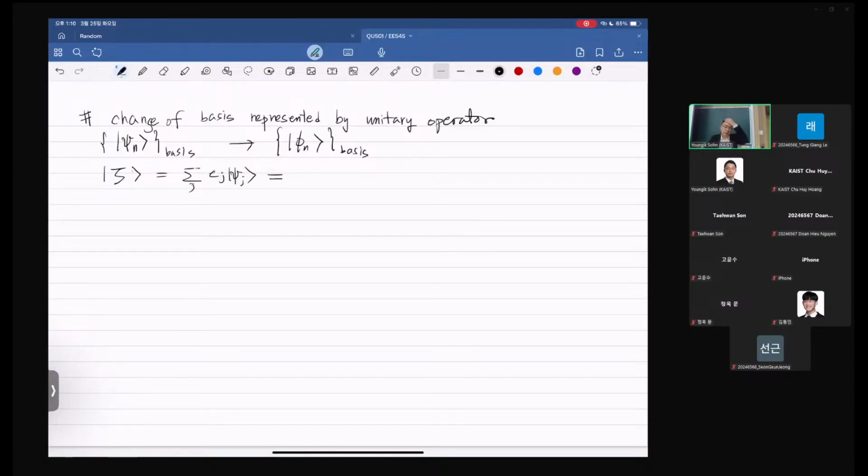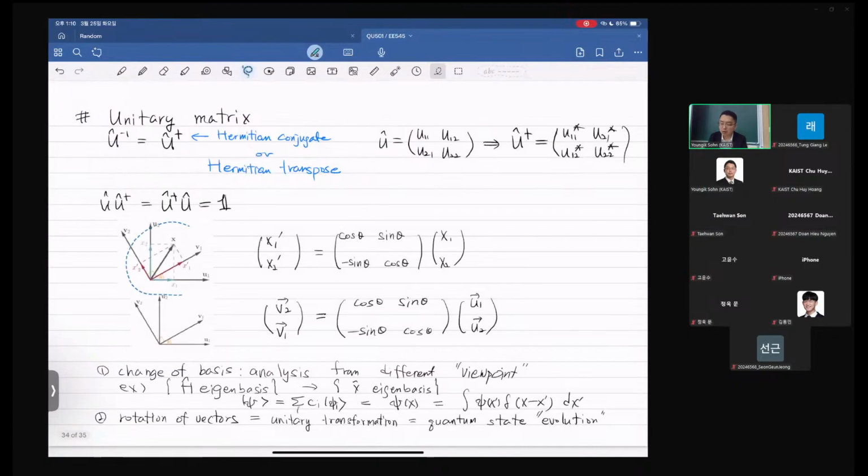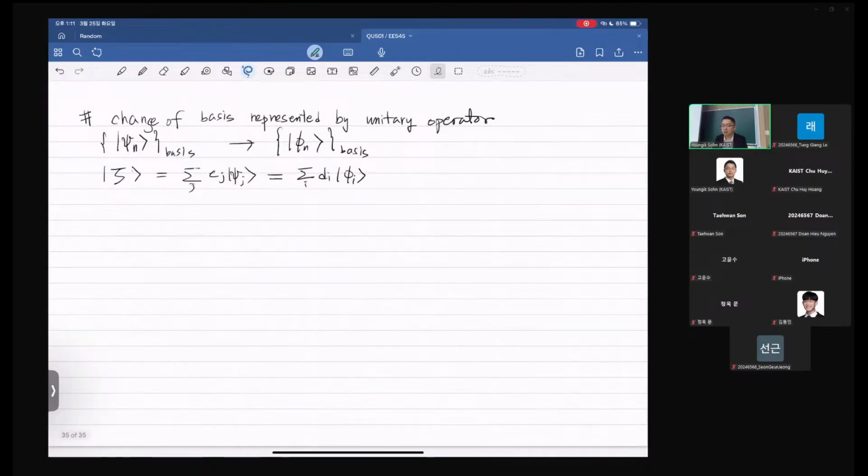But at the same time, with a different basis, you may want to write it in terms of d_i phi_i, right? The same quantum state you can express in both bases, okay? It's the same thing as what you just saw here, right? The same spot x can be expressed in terms of the v1, v2 axes or the u1, u2 axes, okay? It will give you different coordinates. You will have different c_i, c_j and d_i, but they actually mean the same quantum state.